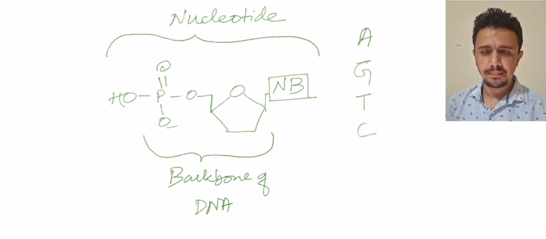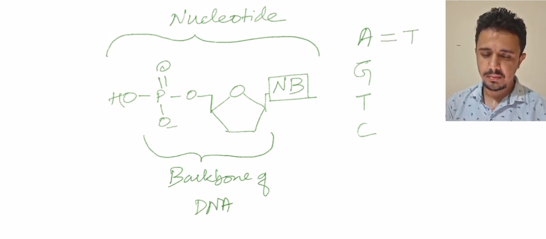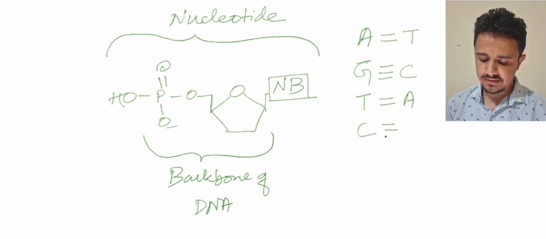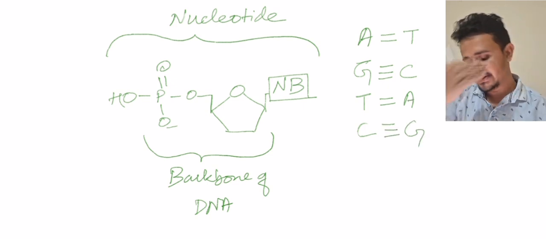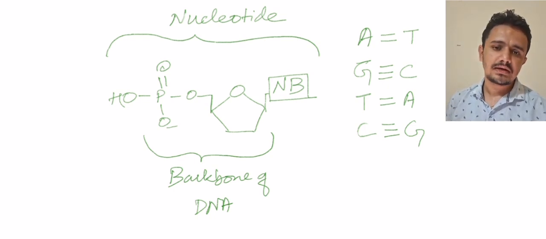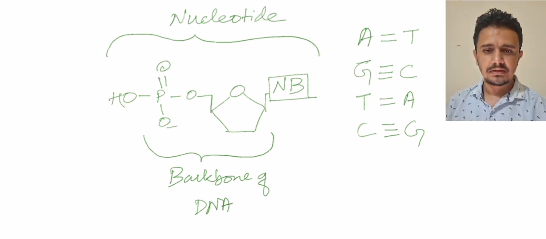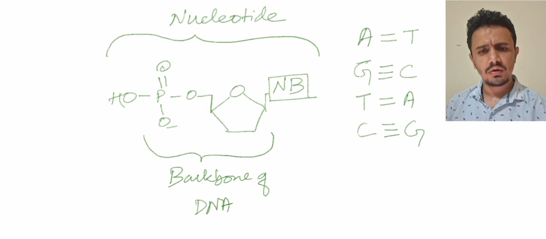So if you see the pairing of these four, how does the pairing occur? So A pairs with T with a double bond, G pairs with C with a triple bond, T pairs with A with a double bond, and C pairs with G. So here if you see that A always pairs with T and G always pairs with C. So how can you remember this?